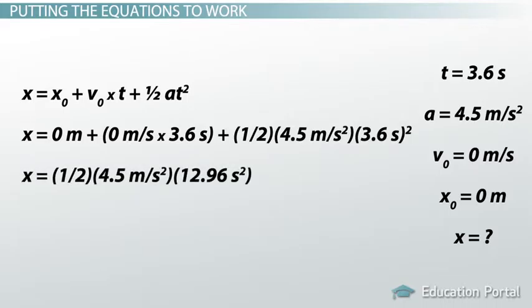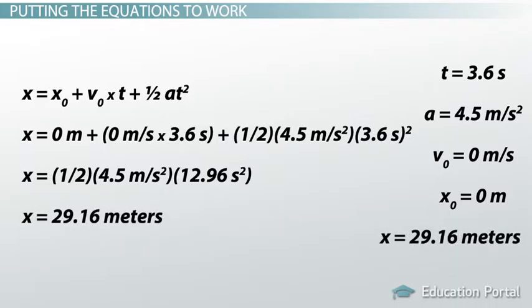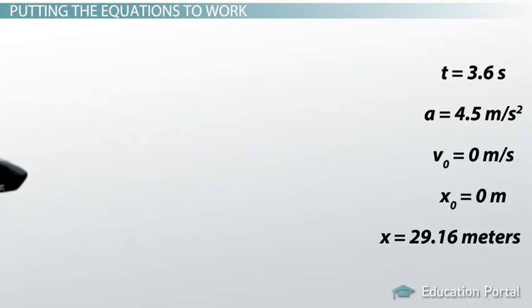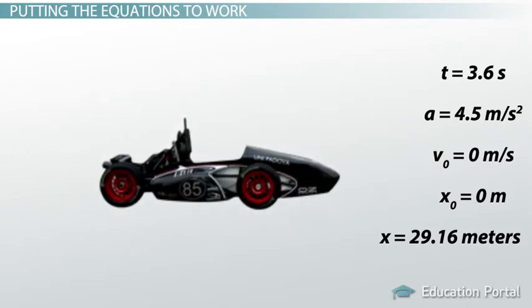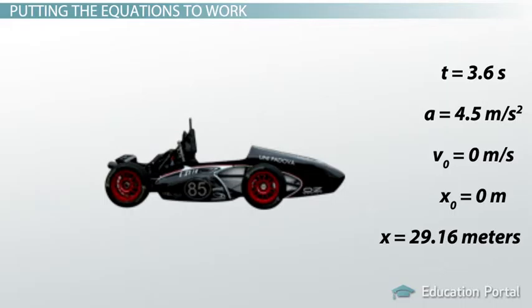X equals 1/2 times 4.5 meters per second squared times 12.96 seconds squared. So x equals 29.16 meters. So, in this problem, the racer travels about 29 meters in 3.6 seconds. You must include the units, which is meters.